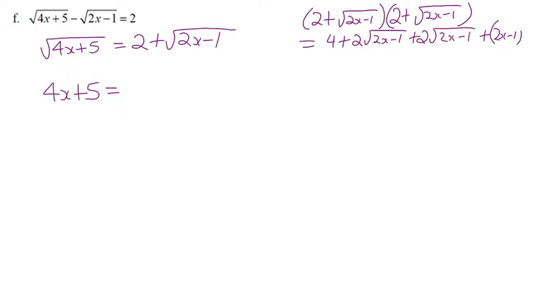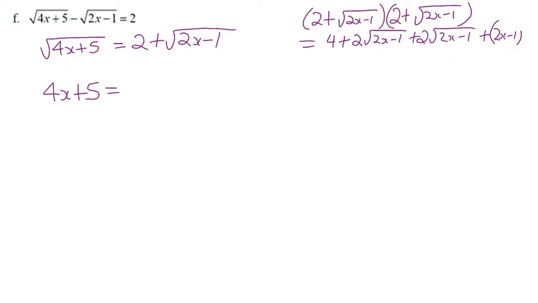Right? We're squaring a binomial. This binomial has radicals, but it's still FOIL, right? The first term's 2 times 2. The outer, 2 times the root of 2x minus 1. The inner, 2 times the root of 2x minus 1. And the last, root 2x minus 1 times root 2x minus 1.